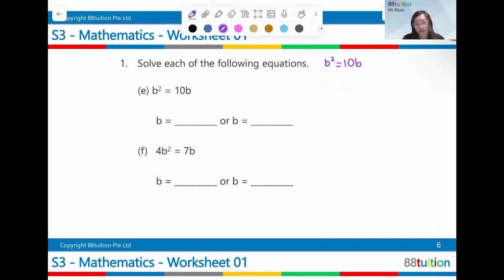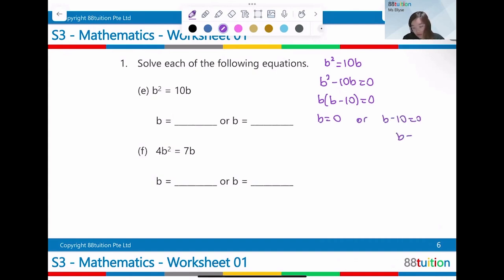So we will cancel this out. Then you just bring the 10b over, and eventually also take out the common term. So you get b times b minus 10. Same thing, b equals 0 or b minus 10 equals 0. So your two answers are 0 and 10.